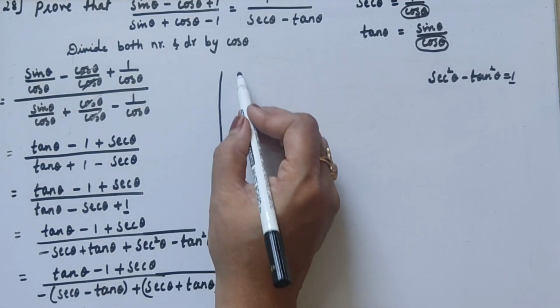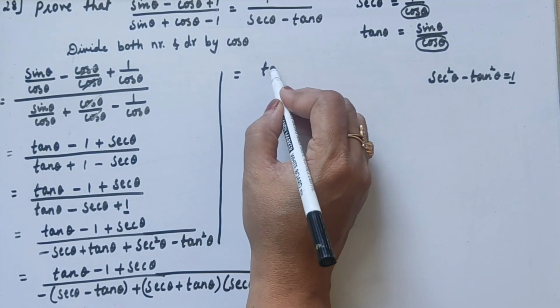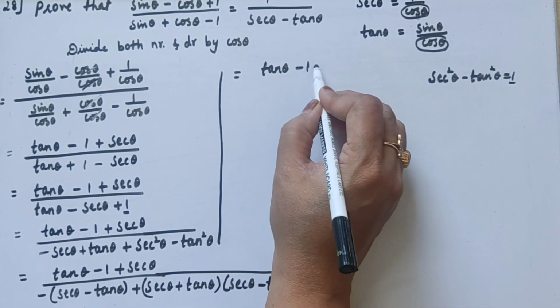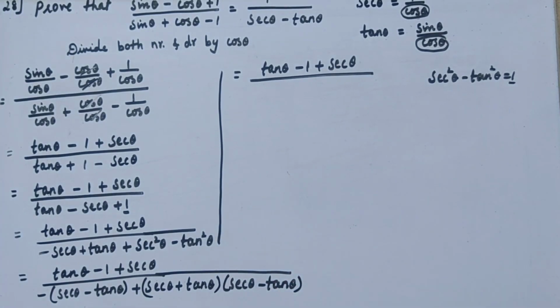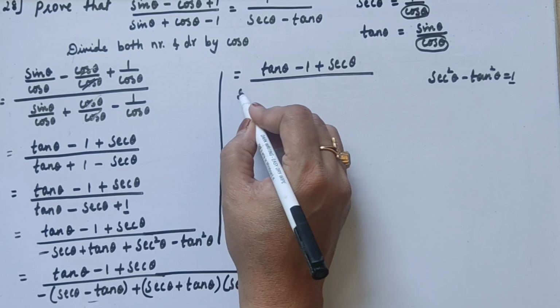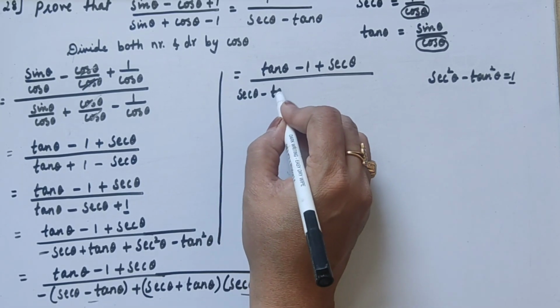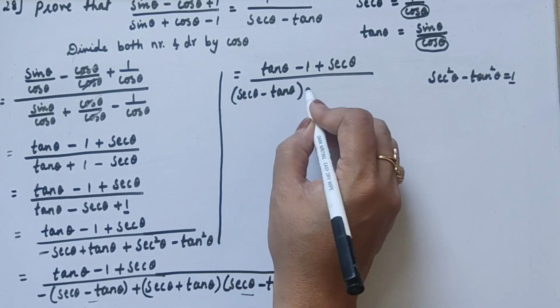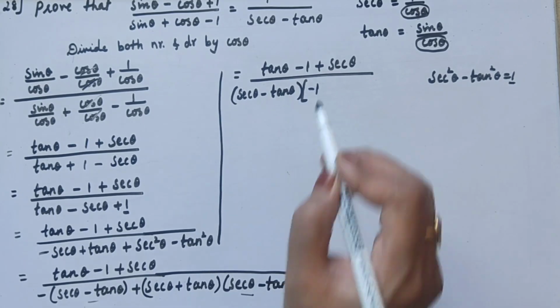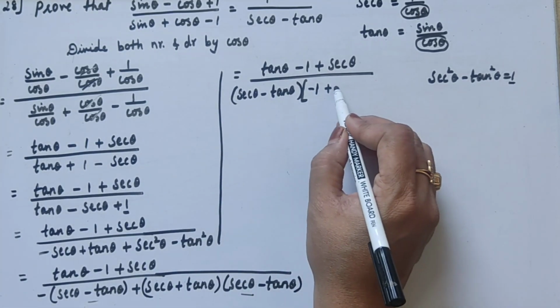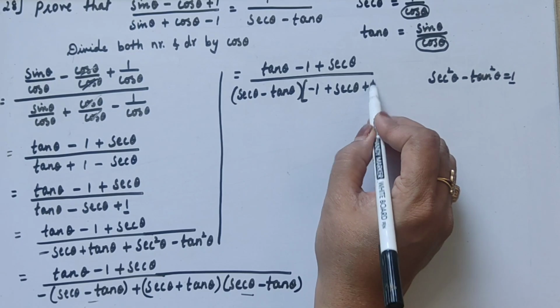Then after this, please write down the numerator as it is, that is tan theta minus 1 plus secant theta as it is. Now whole divided by. In this you can see that secant minus tan both are the same. We'll take this common. Secant theta minus tan theta is a common term. Now bracket. So when secant theta minus tan theta is gone, in that place minus 1 is left over, plus this leftover term, let me write, plus secant theta plus tan theta.